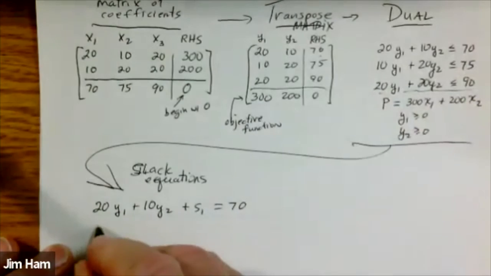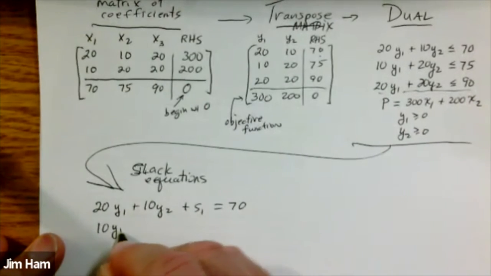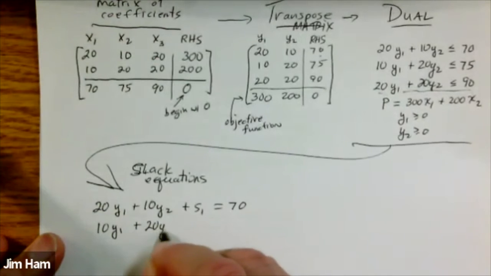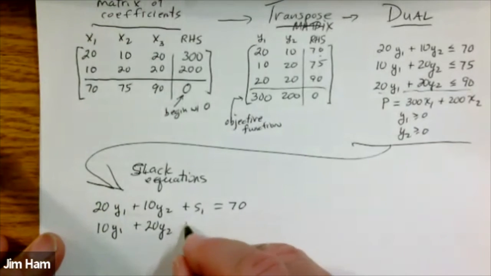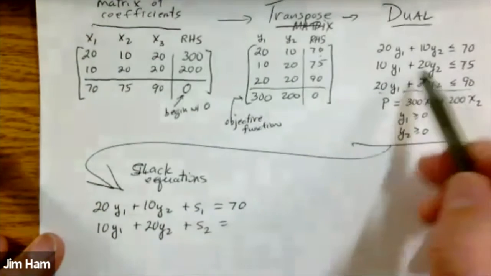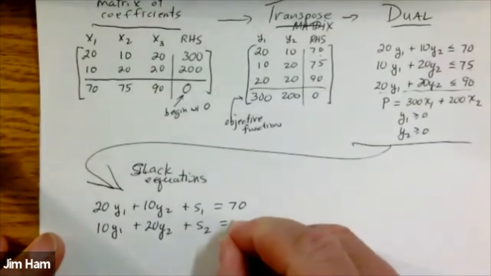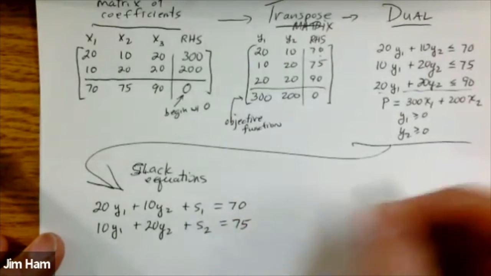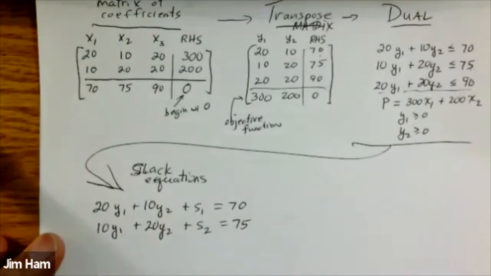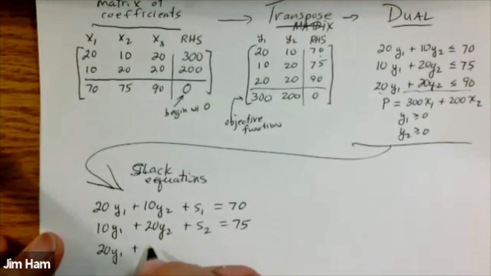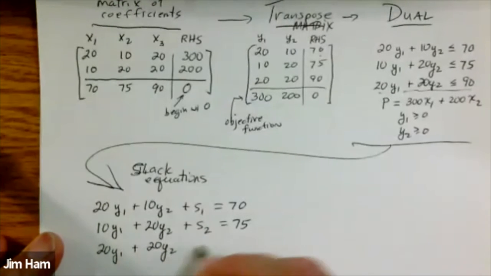The next row, 10y1 plus 20y2 plus s2 is equal to 75. And then the third constraint, we can't use the same S1 and S2 because the third slack variable might take on a different value than the first couple. So we have 3 slack variables.